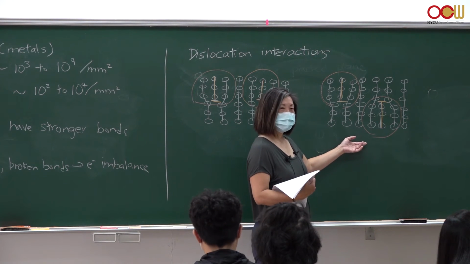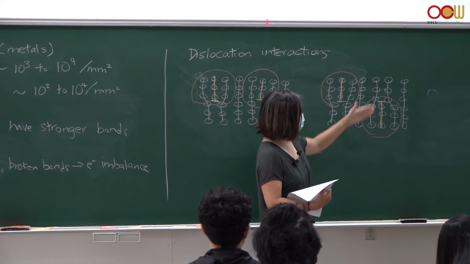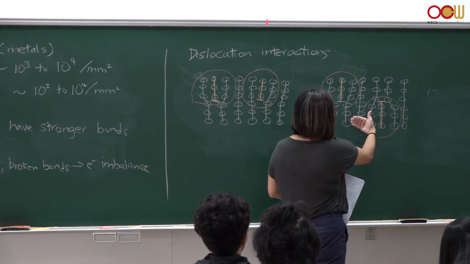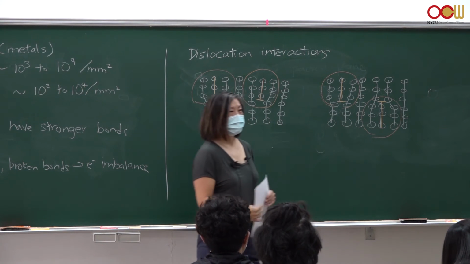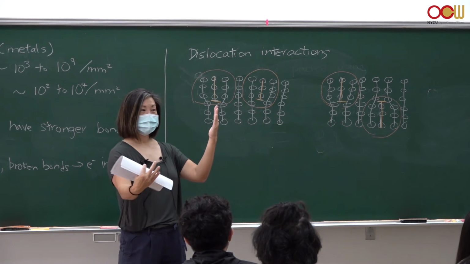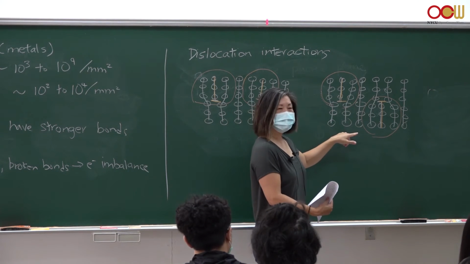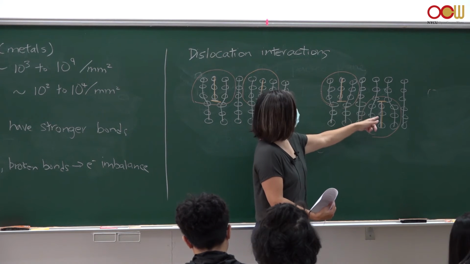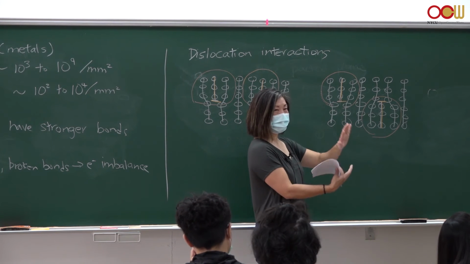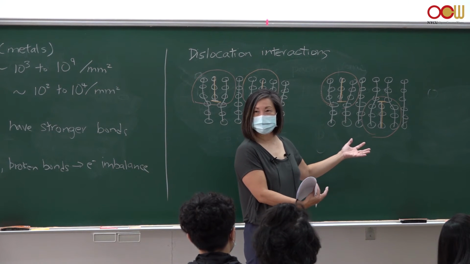In this situation, if I were to move this dislocation in this direction, and this dislocation in this direction, you can see how they might even cancel each other out. The two dislocations may meet and make a perfect crystal structure. And so these types of dislocations, when they're in opposite directions, may actually attract one another.